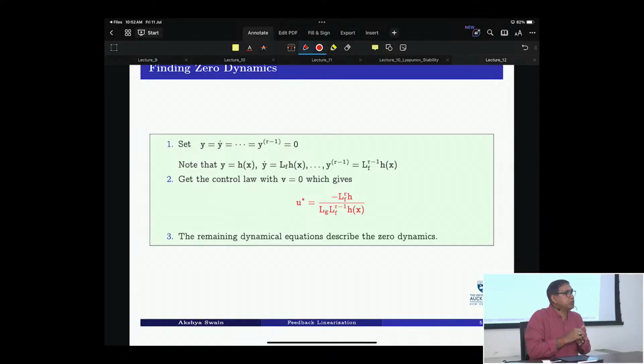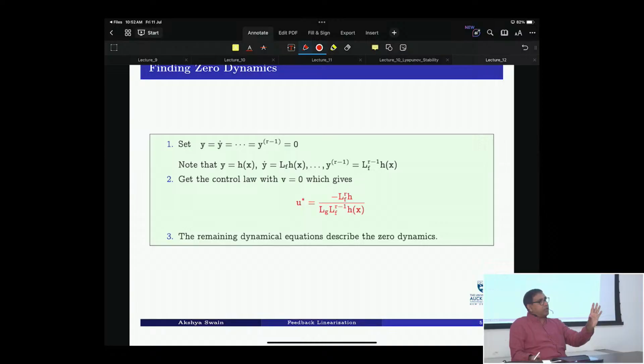Why would you differentiate 10 times? Right, that is a good question. If the system order is n, say fifth order, then you can have at most x1, x2, x3, x4, x5, or xn maximum.